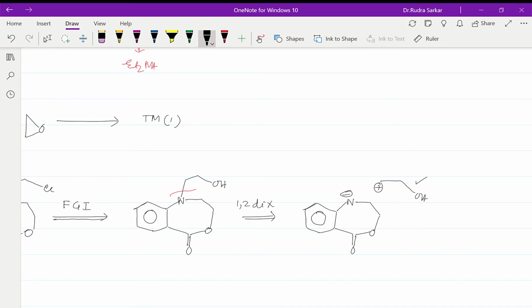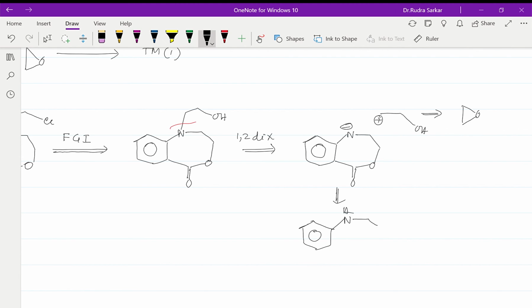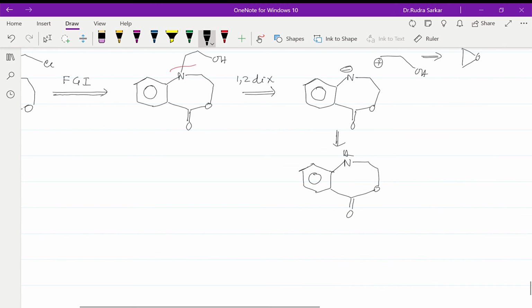This one is the synthon for the epoxide. So out here, this becomes the epoxide, as simple as that. Okay. And this synthon we will convert into this type of a reagent.